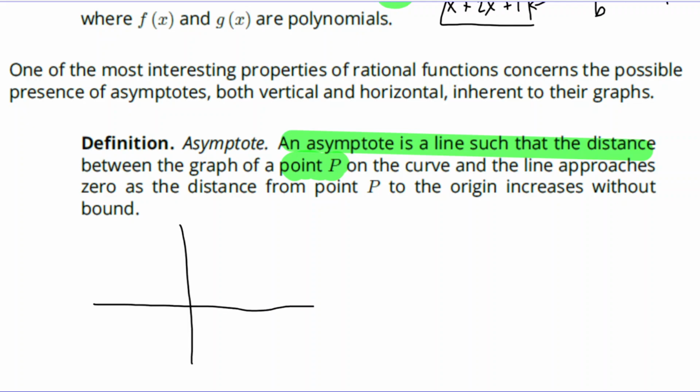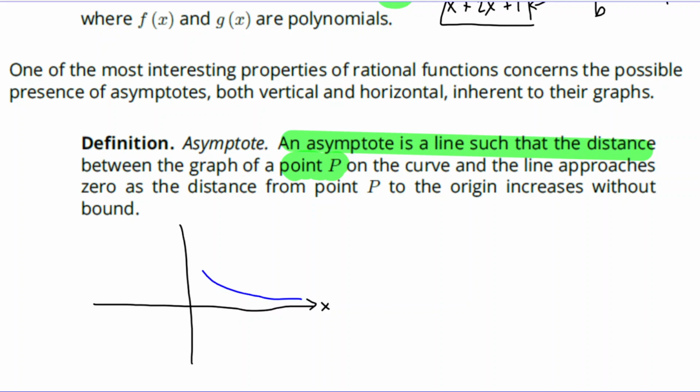If I'm approaching the x-axis asymptotically, that means as x increases, the distance of the curve to the x-axis approaches zero. But the number line can be infinitely expanded.